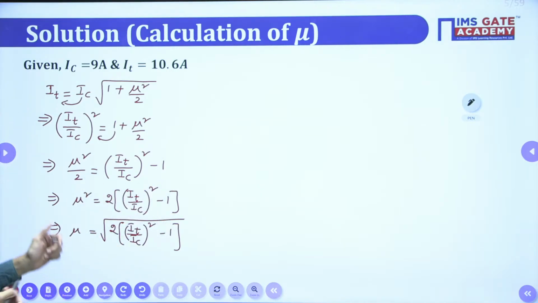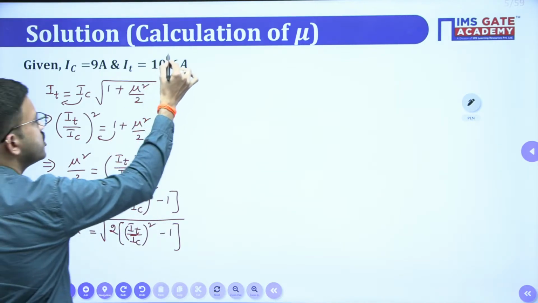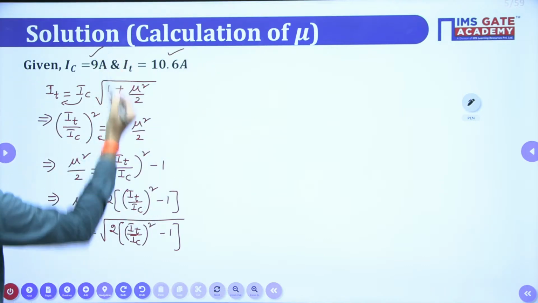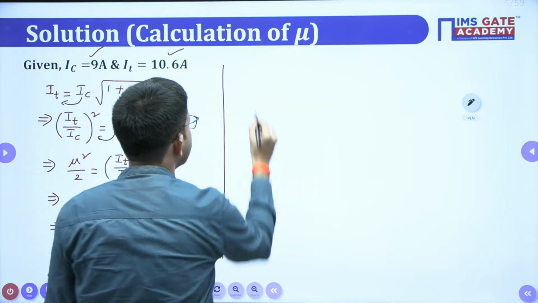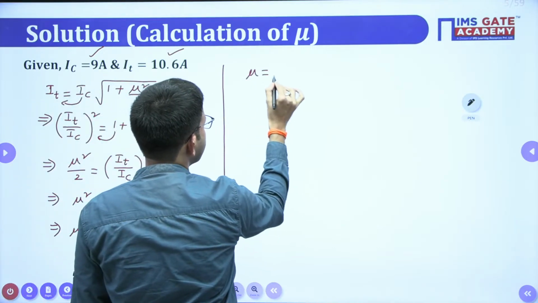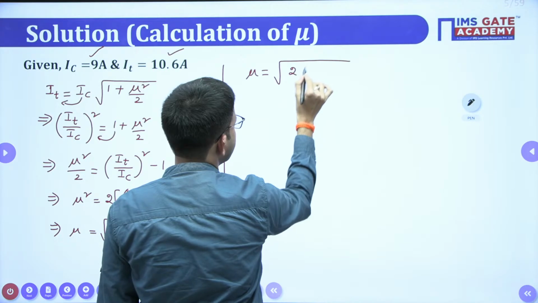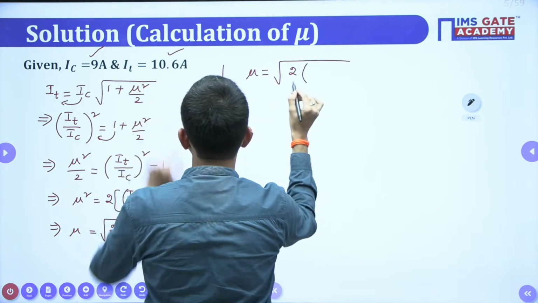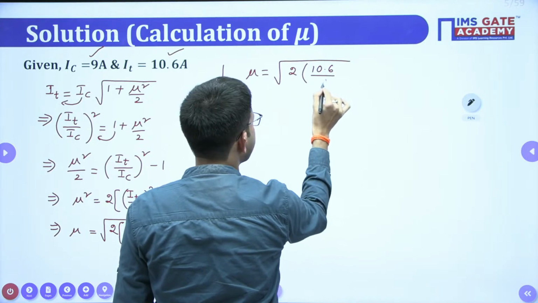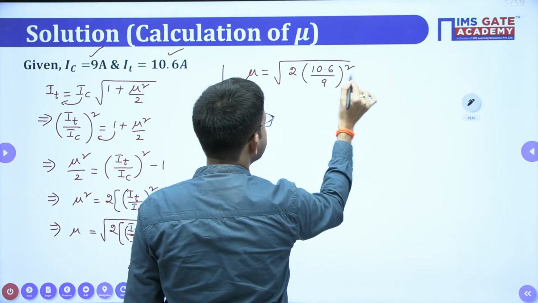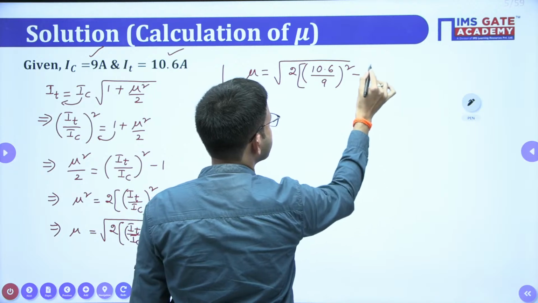Now just substitute the given values. IT value they have given 10.6, IC value they have given 9 ampere. So you will get mu equal to square root of 2 into 10.6 divided by 9 whole square minus 1.